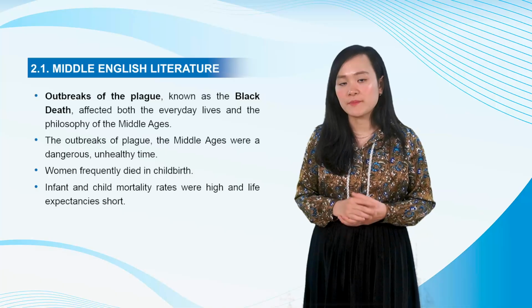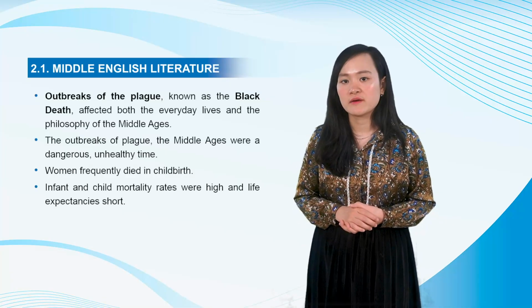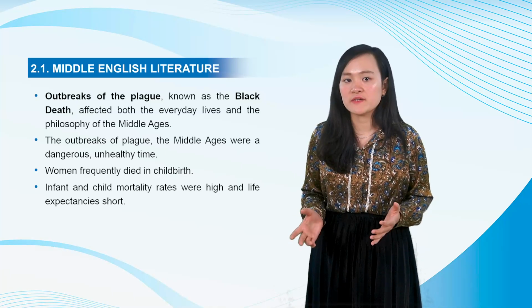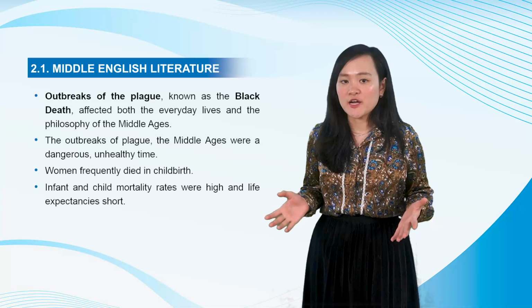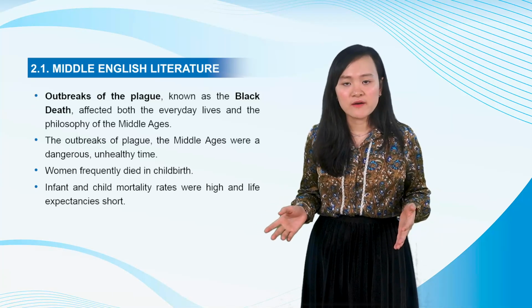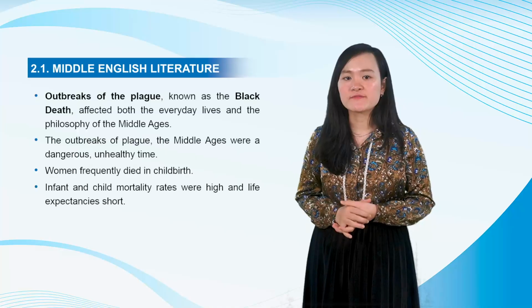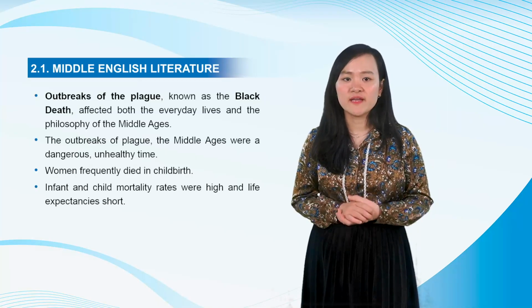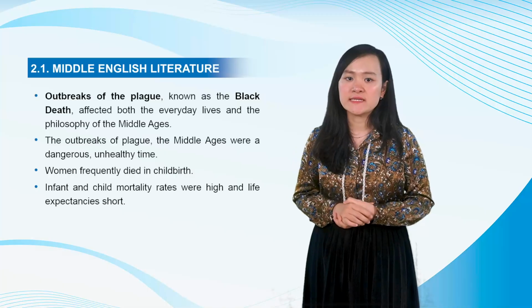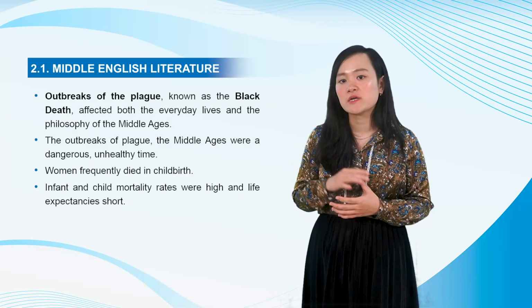The outbreaks of the plague, known as the Black Death, affected both the everyday lives and the philosophy of the Middle Ages. Because of the outbreaks of the plague, the Middle Ages were a very dangerous and unhealthy time. Women frequently died in childbirth. Infant and child mortality rates were high and life expectancy very short.